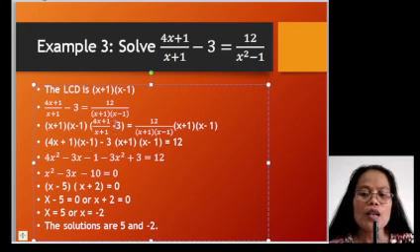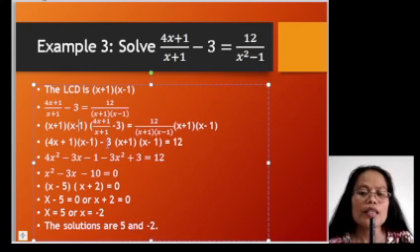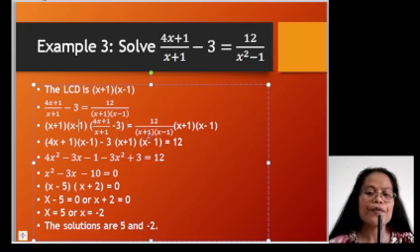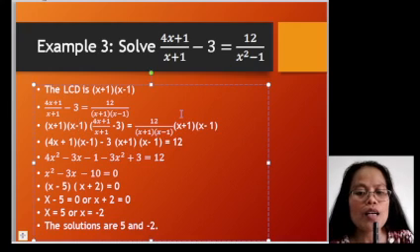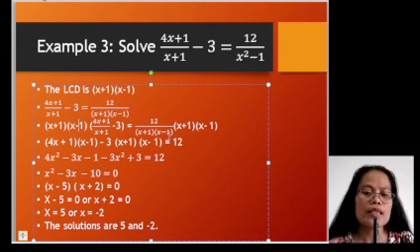And then, since we will distribute this, we need to multiply also negative 3 times x plus 1 times x minus 1, because negative 3 here is a whole number, and then the denominator is considered as 1. So at the right side of the equation also, we have 12 over x plus 1 times x minus 1 times the LCD. And we can cancel out this because they have the same.